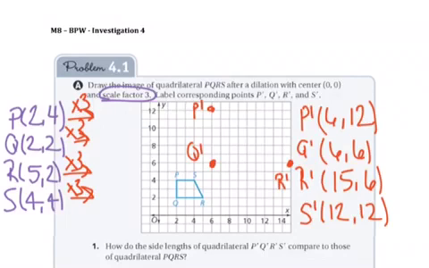And S prime is 12, 12. So plot, label. You should notice that this shape looks identical, meaning that these corresponding angles stayed the same. However, the sides are just bigger.